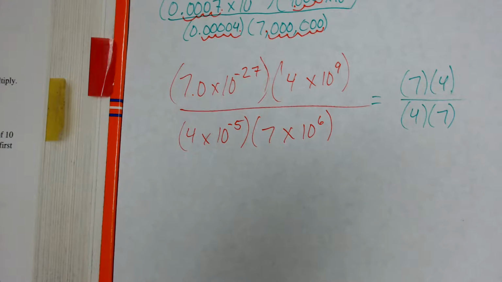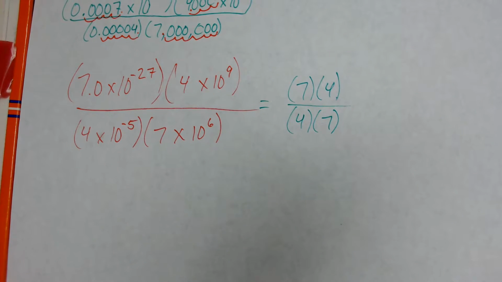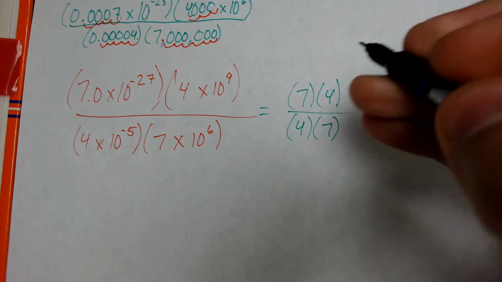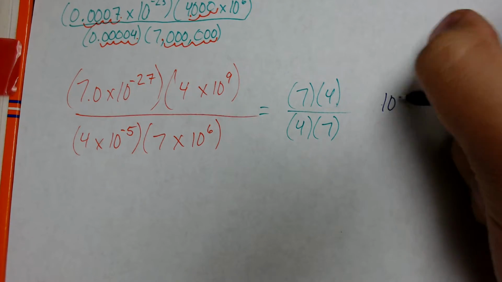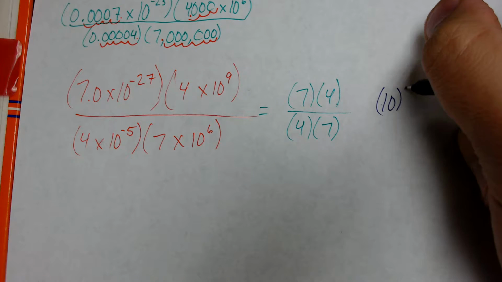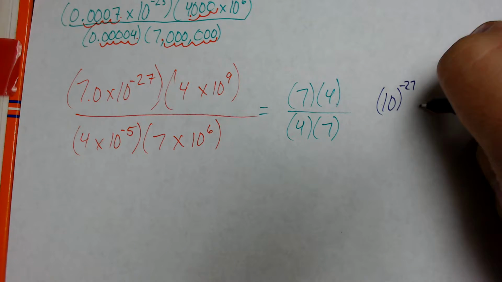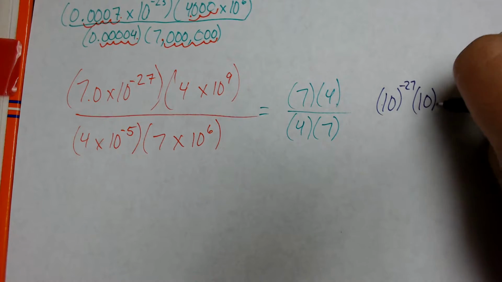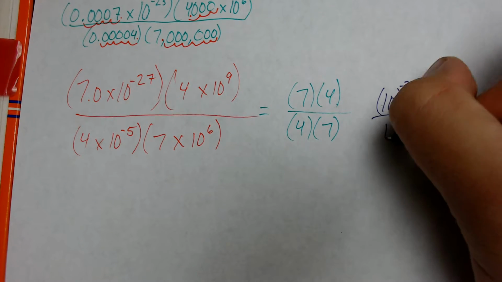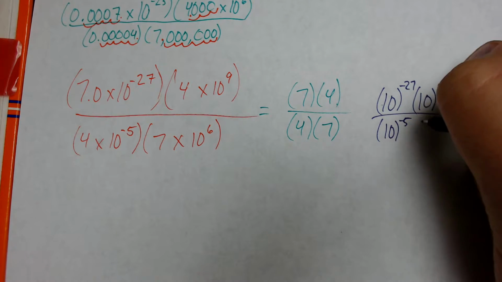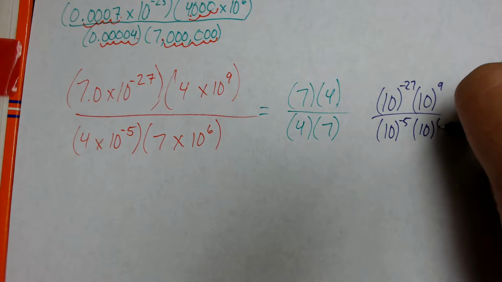Then I'm going to take the tens and separate them. We'll do that in purple. And then I've got 10 to the power of negative 27 times 10 to the power of 9, over 10 to the negative 5 and 10 to the positive 6.